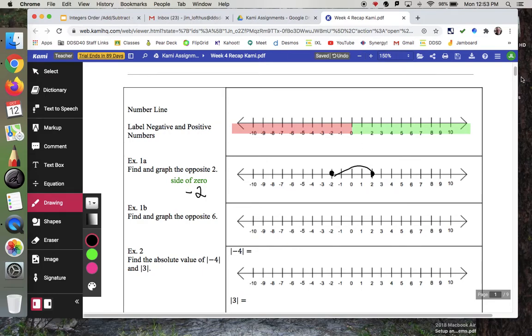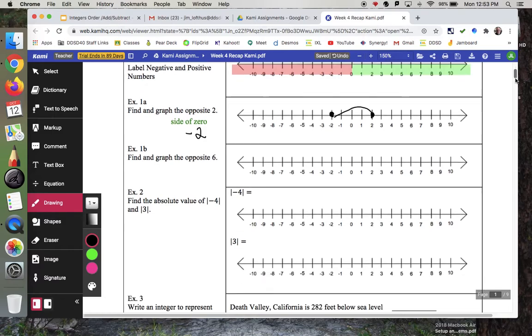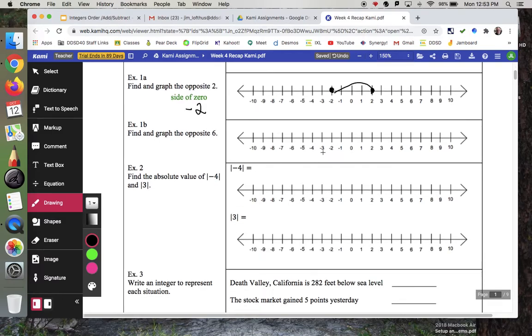And to find the opposite side of 0 from 6, we go to 6. It's 1, 2, 3, 4, 5, 6 steps from 0. So if we do 6 more steps, the opposite side, we end up at negative 6.